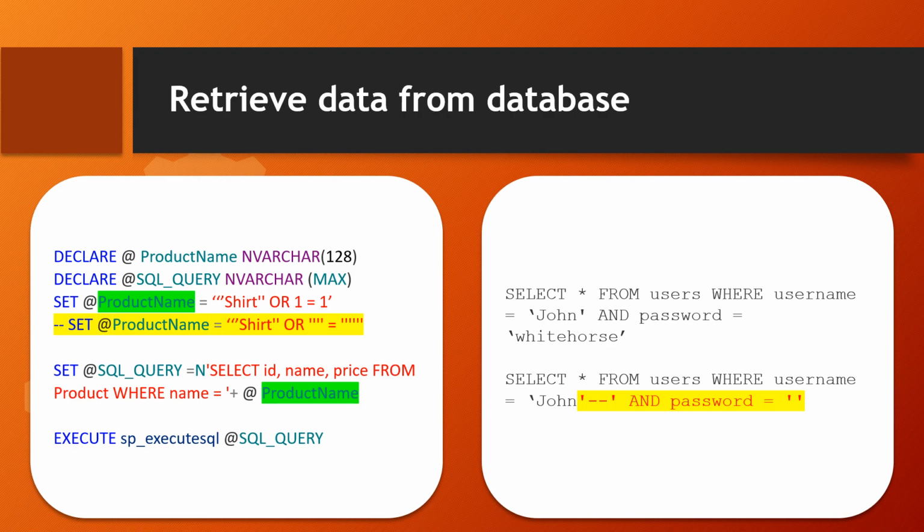Just think, if you are in an army module, and you don't want to disclose what kind of missiles or tanks or aircraft you have, how they could steal the information. They'll get everything, ID, name, password, whatever data you have in your product table, by just injecting a simple OR statement with the parameter, or 1 equal to 1.